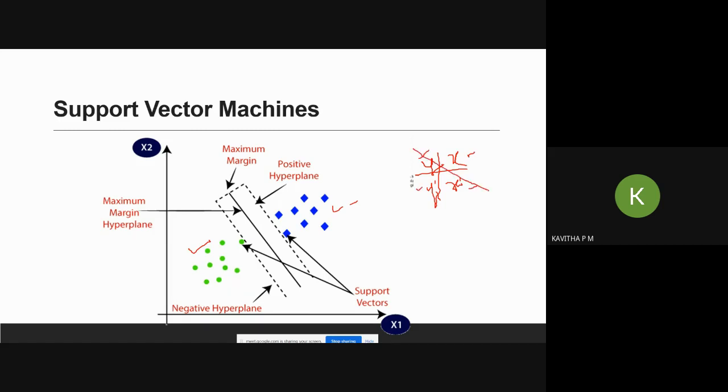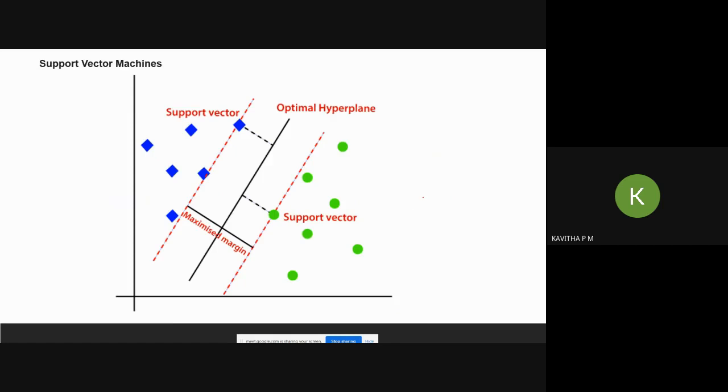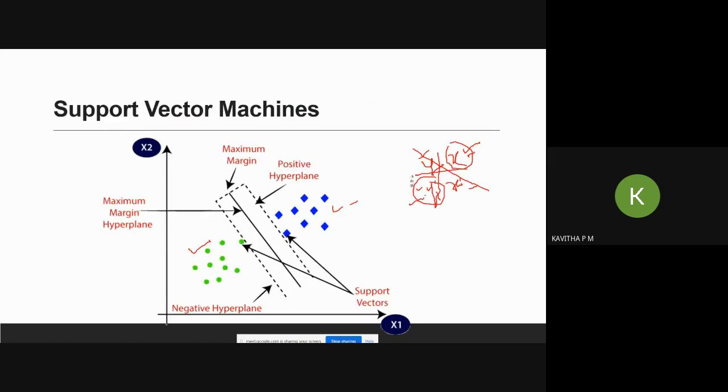Say for example, if the line is constructed like this and the plottings are here and here, this will become the positive data and this will become the negative data. Do you understand how we classify this as positive hyperplane and negative hyperplane? Consider this as the plane, and we construct a straight line and segregate into two different classes.